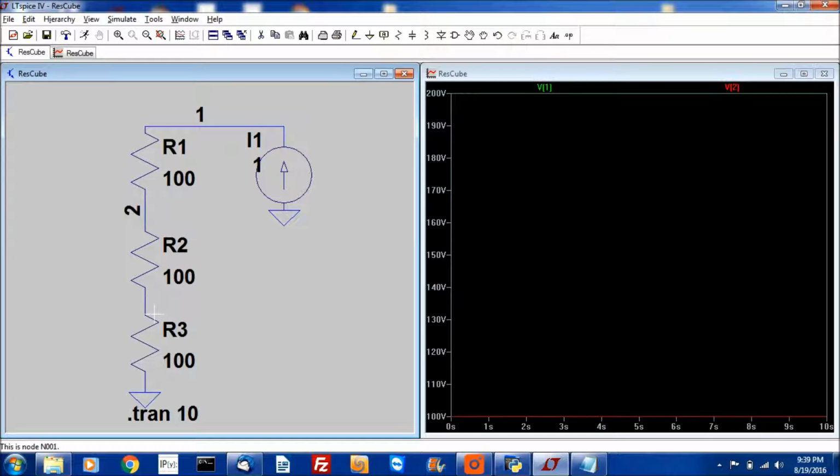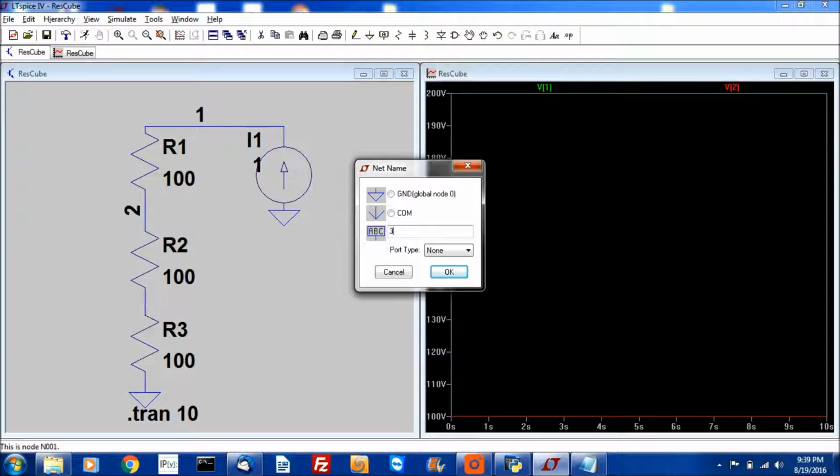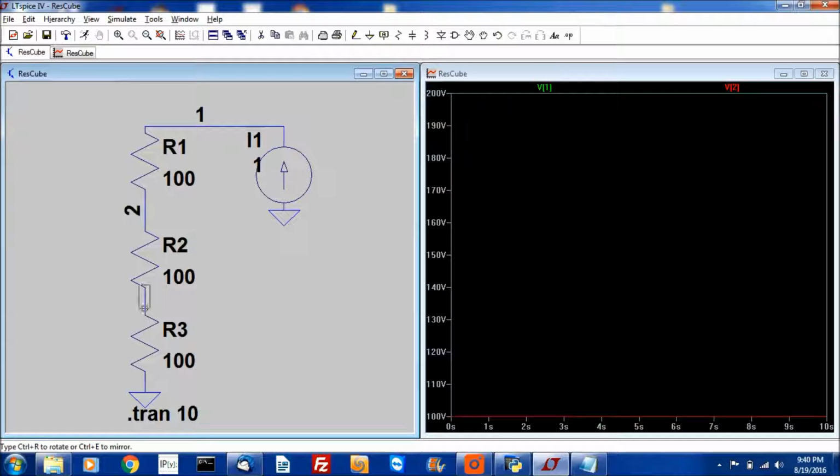We could name this as node 3, and we could again run the simulation. So at P1, that's the green, that's 300, and the voltage at node 2 is 200, and the voltage at node 3 should be 100.